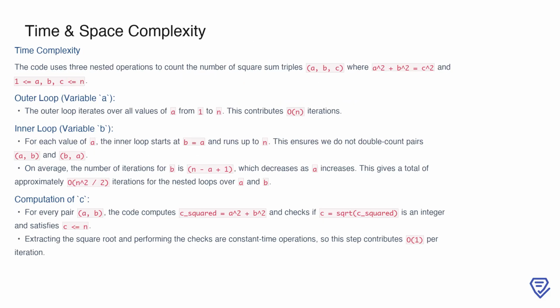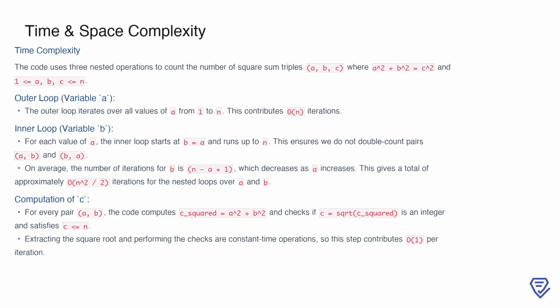Here, we analyze the time complexity of the code. The algorithm uses 3 nested operations to count the number of square-sum triples. The outer loop iterates over all possible values of a from 1 to n, contributing n iterations. Within this loop, there is an inner loop that iterates over b, starting from a to avoid double counting pairs like (a, b) and (b, a). On average, the inner loop runs approximately n - a + 1 times for each value of a, and this number decreases as a increases.